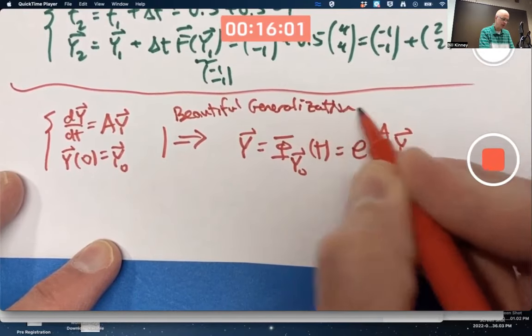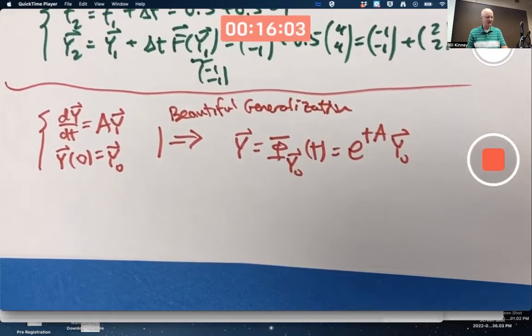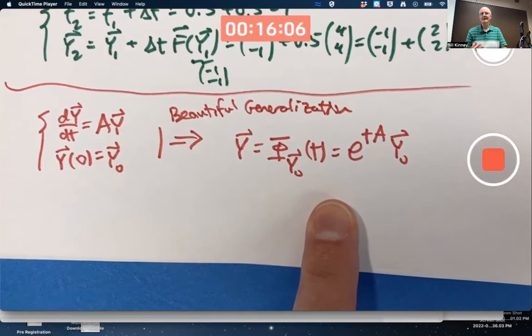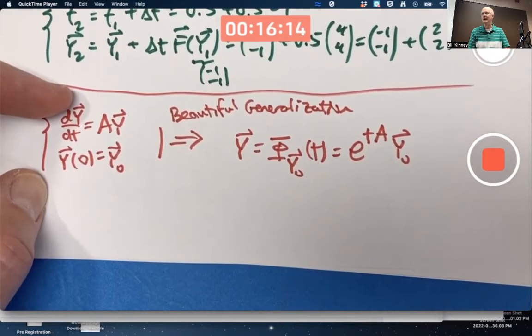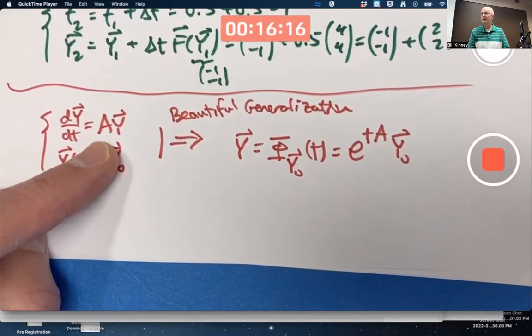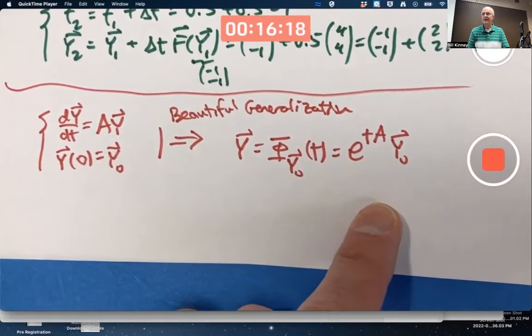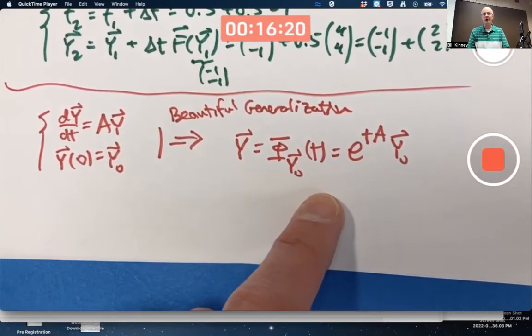Well, it's certainly beautiful because it's a fairly simple equation here. That's why it's beautiful. And it's a generalization of the scalar case. I mentioned that last time. If these were scalar equations, if it was not a vector y, but a scalar y, and A was not a matrix, but a number, it's essentially the same answer, though we typically put the initial condition in the front.